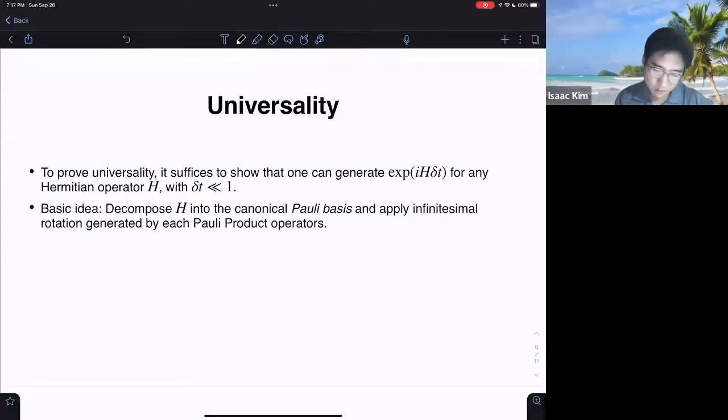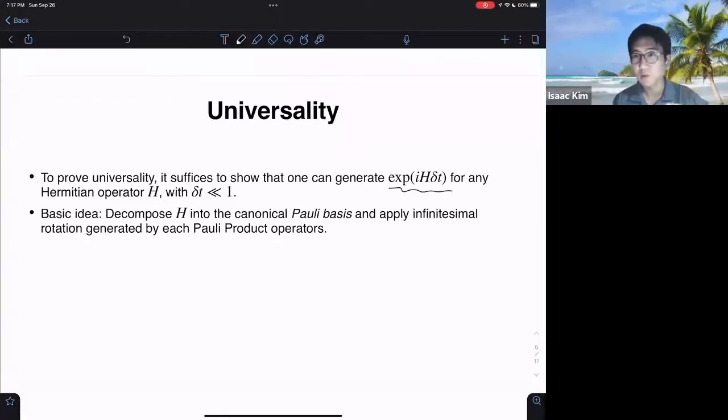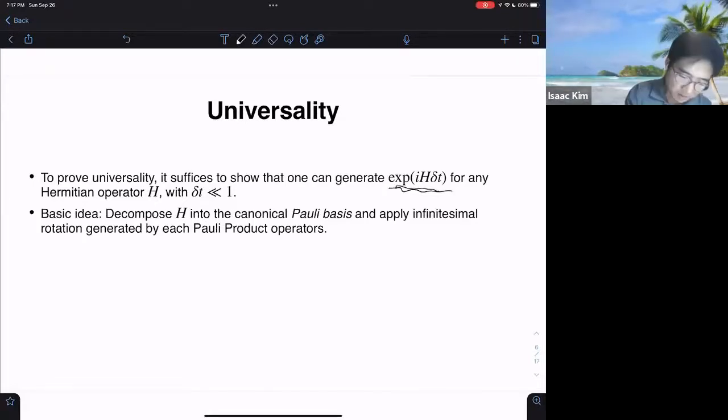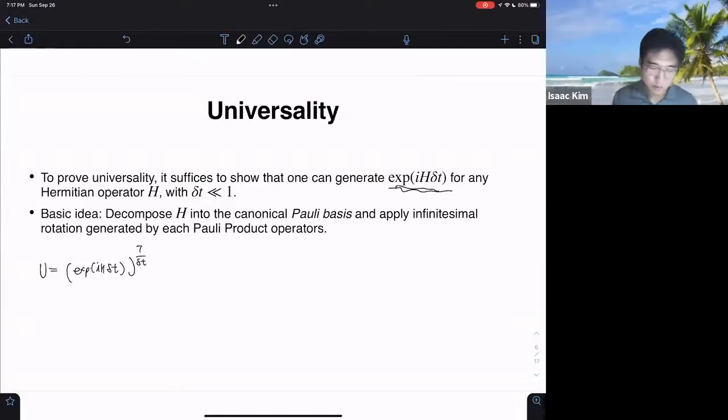To show universality, it suffices to show that you can generate this operator for any Hermitian operator, with an infinitesimally small time, because any unitary can be written down like this, where this is just an integer.